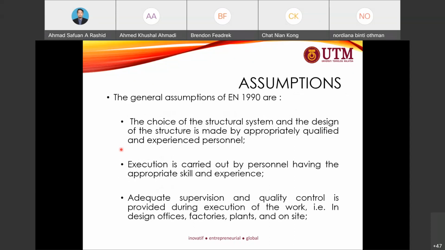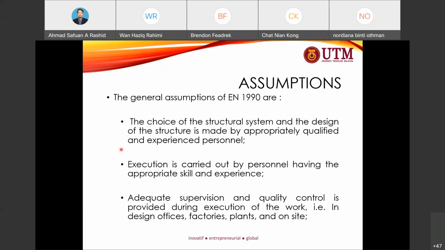So the general assumptions of Eurocode 1990: the choice of the structural system and the design of the structure is made by appropriately qualified and experienced personnel. Execution is carried out by personnel having the appropriate skill and experience. Adequate supervision and quality control is provided during execution of the work in design offices, factories, plants, and on site.